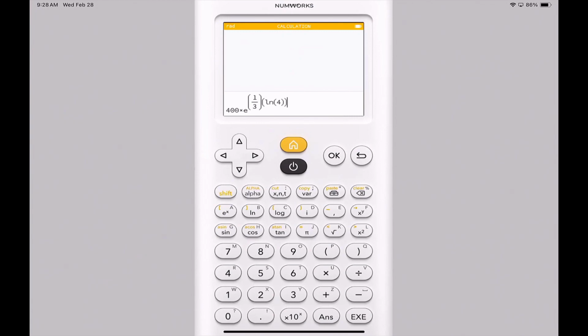And then the number I'm plugging in is 6, right? I should use parentheses for 6 too. Okay, the E button is 2 above 7. The natural log button is right to the right of that. Okay, hit enter. 6,400.